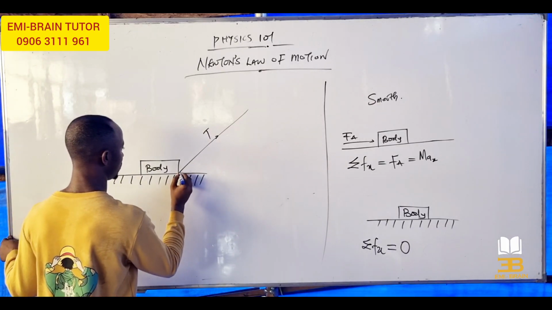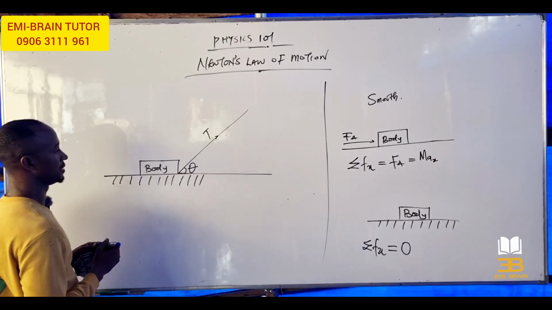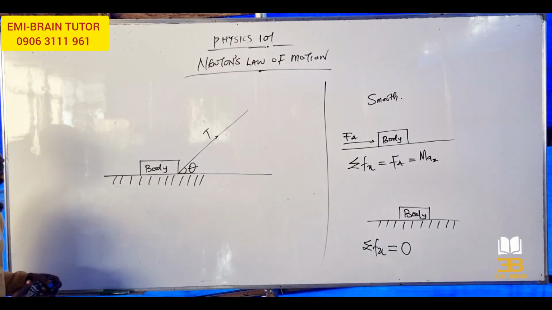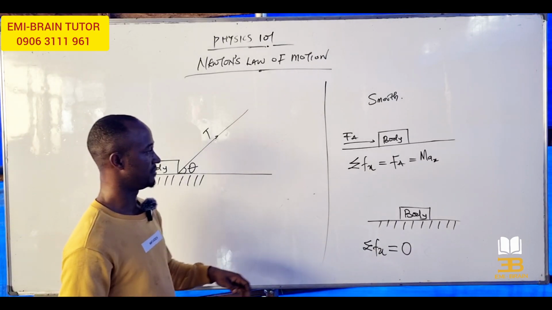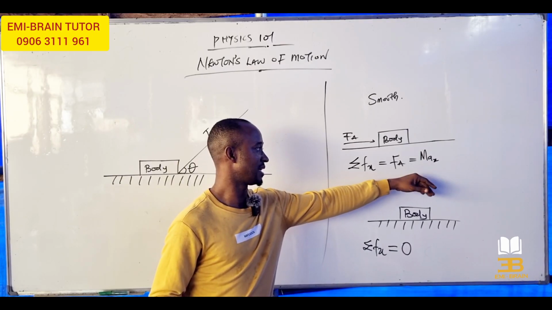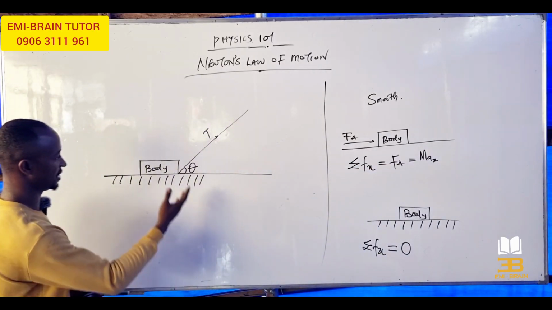It's being dragged with a rope at an angle called theta. And we have to find the acceleration of the body. I believe from this we can find our acceleration by making a the subject of the formula.